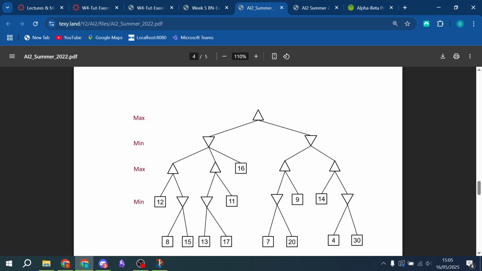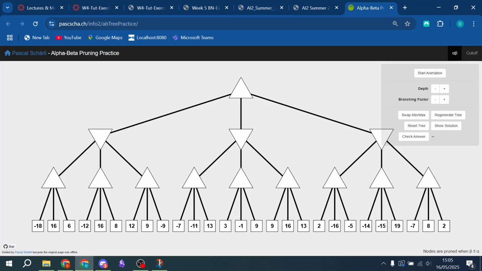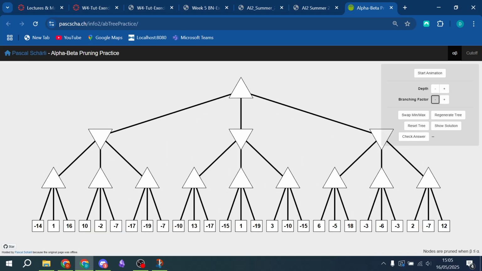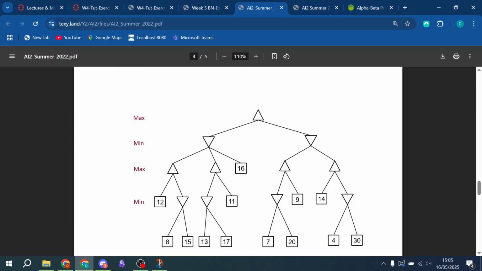I might actually, although I don't know if you can type this tree into this, because it has a fixed branching factor. You can't change it, because this tree has a branching factor of 3 here and a branching factor of 2 here.